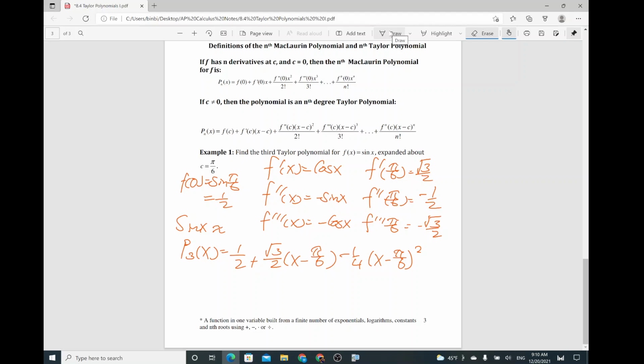Well, got to be careful with this one here. Sine, derivative of that is cosine, but it's negative. So minus root 3 over 2, but 3 factorial, so that's 6. So it's root 3 over 12.